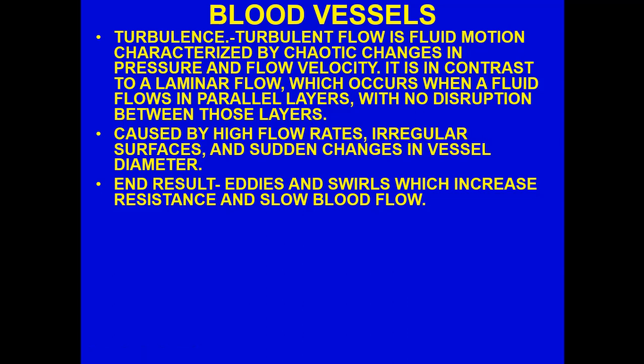What happens with all of this turbulence? You see eddies and swirls, which increase resistance and slow the blood flow. Just to help you there, if you've ever driven over or looked over at a river and it's flowing, in the center it's nice and smooth, but if you look toward the edges, you can see how the water is going up against the shoreline, you get these eddies and swirls. That's because in the center of that river, there's nothing interrupting the water.